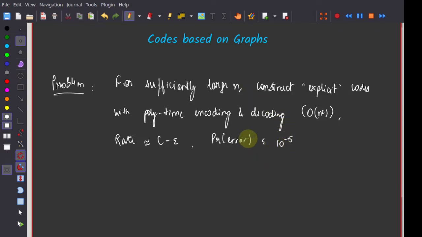In general, we may want this to be either exponentially decaying in n, or maybe even polynomially decaying. So more importantly, we want a practical scheme, right? We of course want to analyze the scheme theoretically. At the same time, we should be able to build these and deploy them on chip. That's what is more important for us right now.